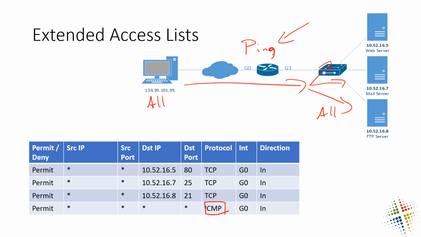Now, I here said the source and destination ports are wildcards. However, with ICMP, there are different types of ICMP traffic. For instance, there's an echo reply. There's an echo request. There's a couple of different types, such as destination unreachable.